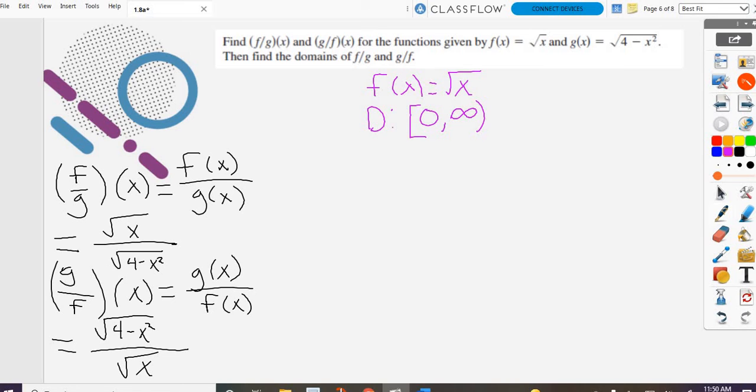So that one's done. The one that's going to cause us the most issues, or be a little bit longer, is going to be our g of x. So we have g of x equals the square root of 4 minus x squared.